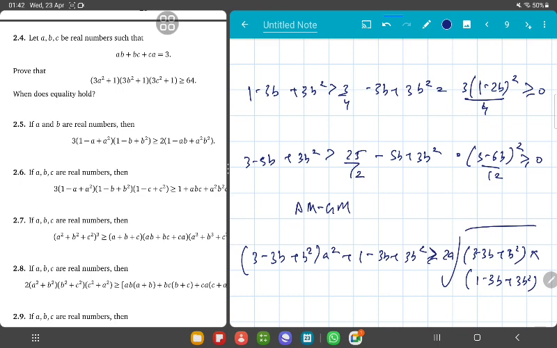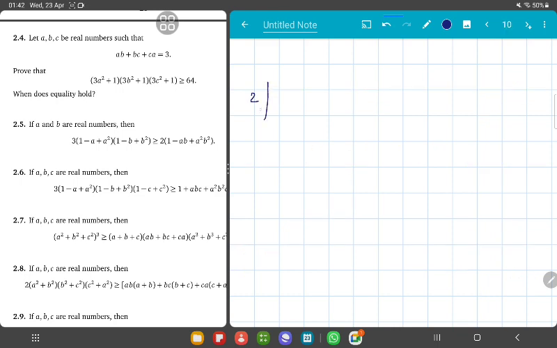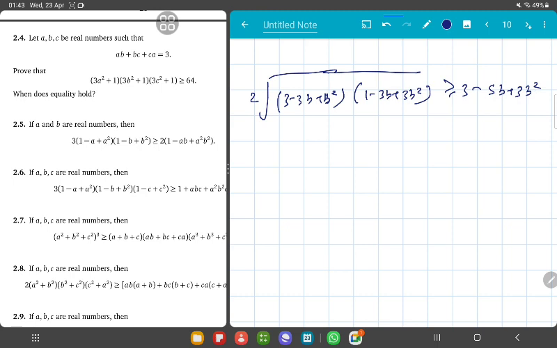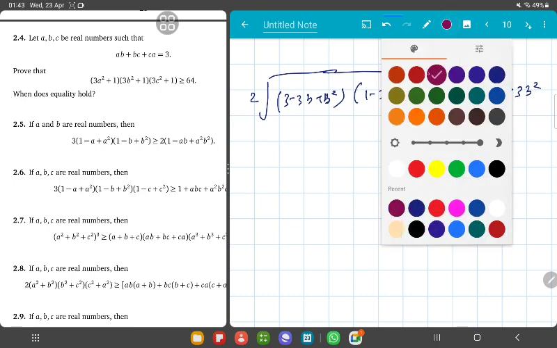So now we only need to show that twice the root of 3 minus 3b plus b square times 1 minus 3b plus 3b square is greater than 3 minus 5b plus 3b square.